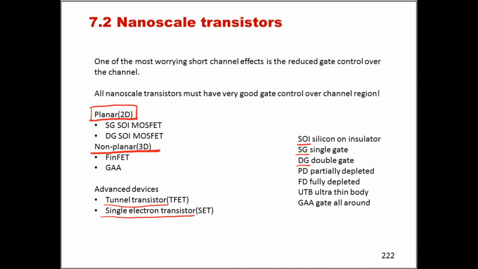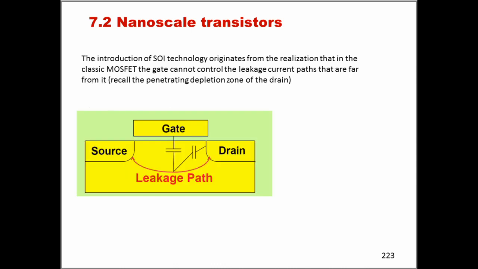And the idea of using the SOI technology, the silicon on insulator technology, relies on the realization basically that in a standard MOSFET transistor, that is the one that is shown here, the gate has control of the channel, which is the region near the interface with the insulator, but the gate has no control over what is happening deep into the bulk of the silicon.